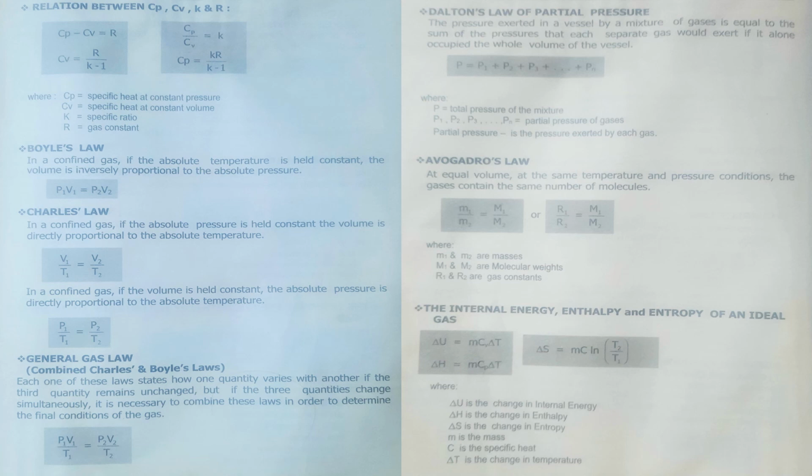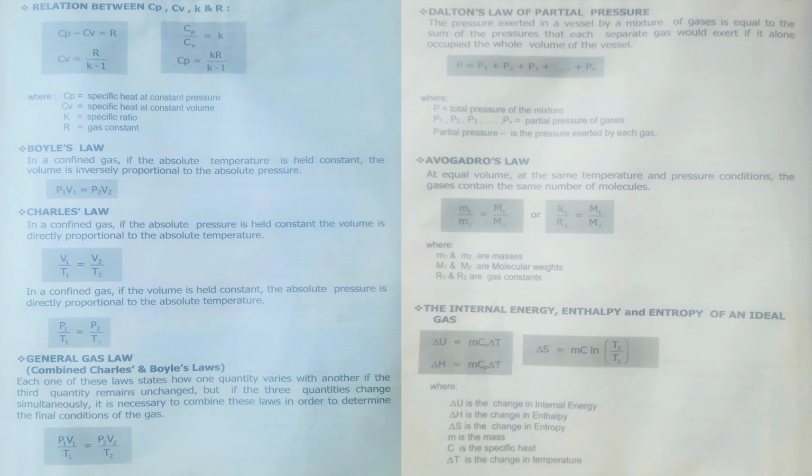It's just ratio and proportion. The internal energy, enthalpy, and entropy of an ideal gas: we have the change in internal energy equal to mass times specific heat at constant volume times change in temperature. Whereas for change in enthalpy, a change in enthalpy means a constant pressure process, while a change in internal energy means a constant volume process.